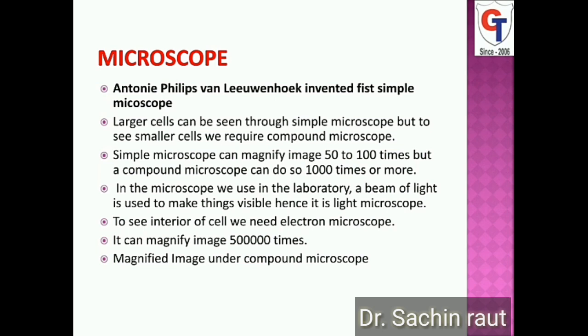After the invention of this microscope, a new branch emerged, called microbiology. And by using this microscope, many cell structures, the nucleus, and the cell organelles can be easily studied.